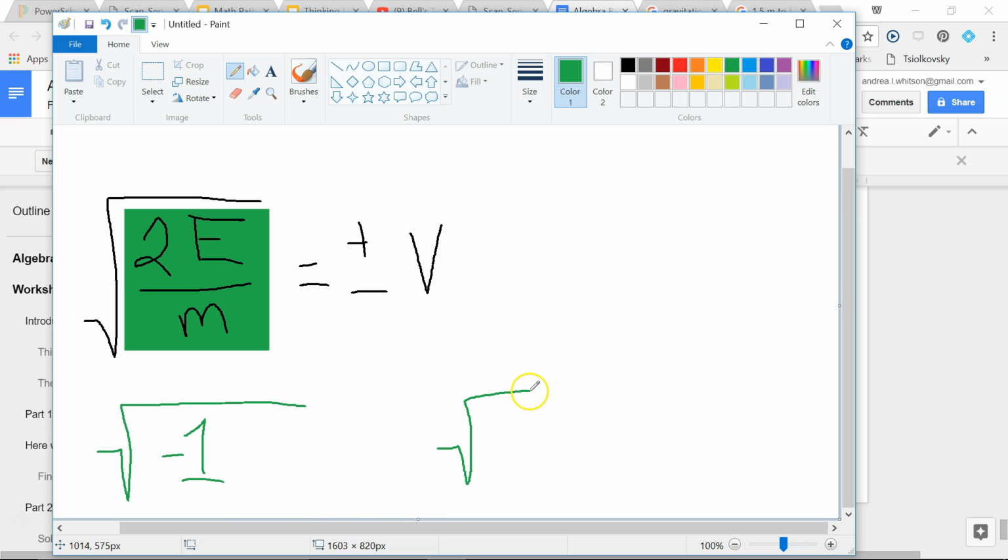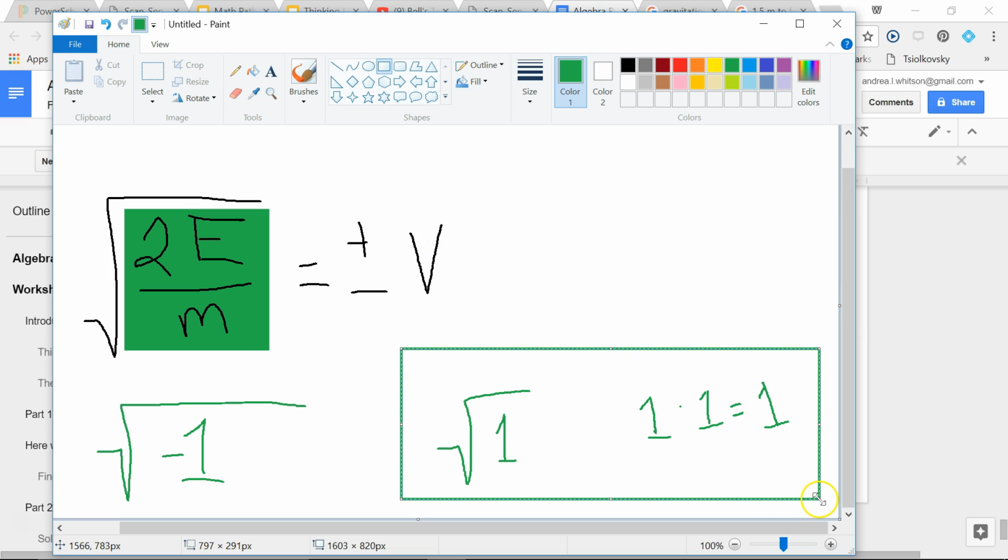We know the square root of 1 because we know what times what is equal to 1. Well, 1 times 1 is equal to 1. If I take the square root of that, it's just 1. The square root of 1 is 1. Great. But what times itself would equal a negative 1?